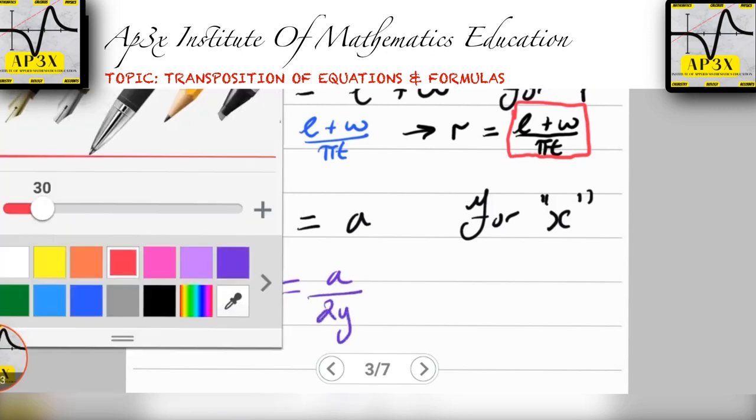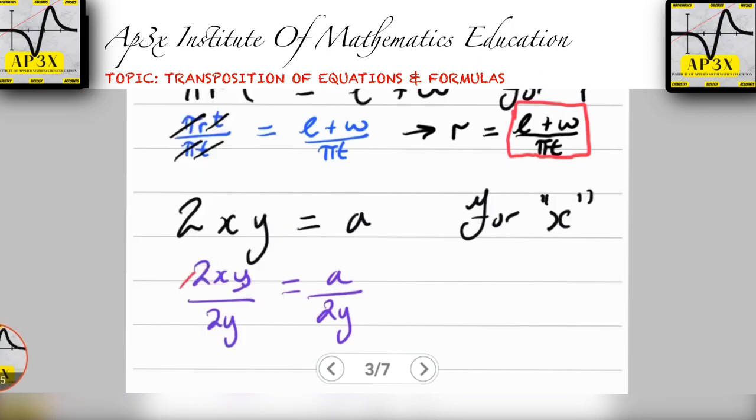And so just like before, 2 cancels 2, y cancels y. Therefore, we're left with x on the left being equal to a divided by 2y.